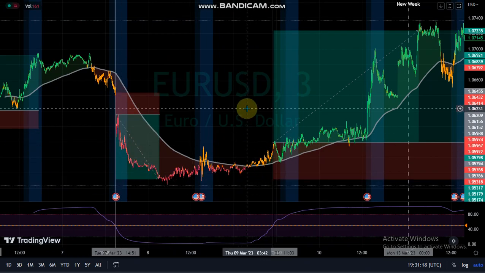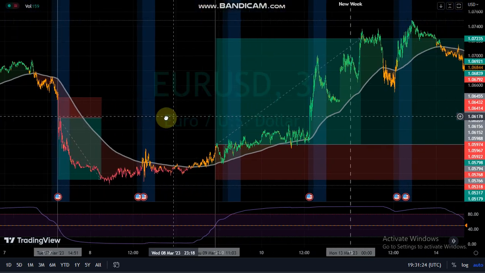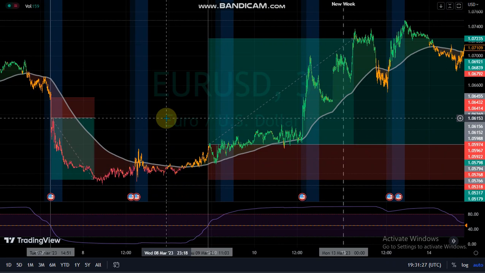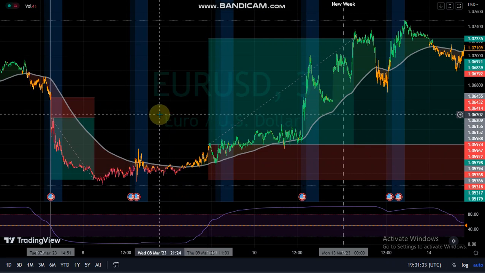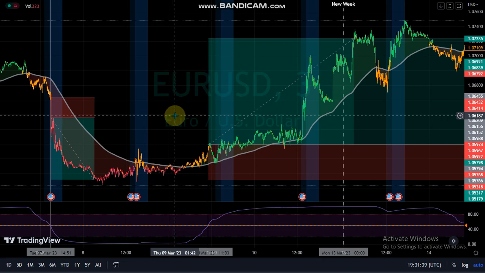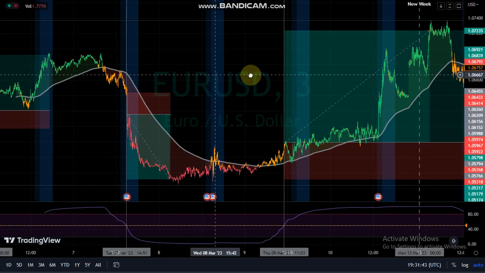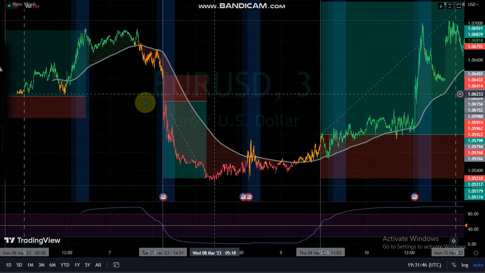So let us check. In order to be a professional trader, you have to consider 3 principles of the Forex market. If you are going to trade, you have to consider 3 management systems. The first one is the money management system, the second one is trade management, and the last one is risk management. You can see the way I managed my money here.